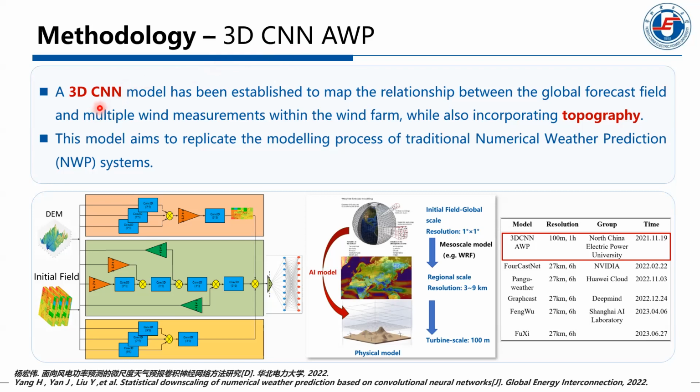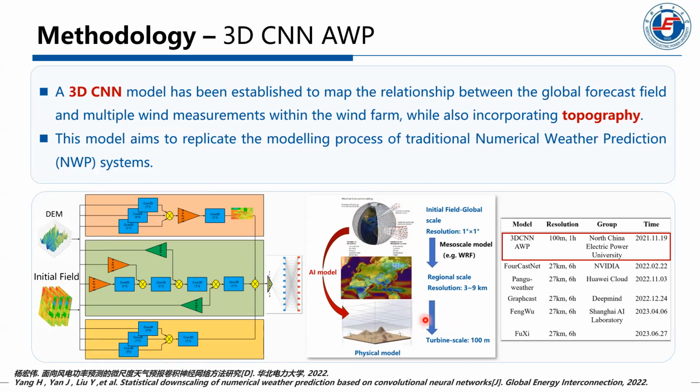The first one uses a 3D convolutional neural network model, which is very simple, but the basic idea is that we hope to build up the mapping relationship between the global forecast field and the wind measurement data within the wind farm. To my understanding, I'm not an expert on numerical weather prediction, the numerical model builds from the global scale to the regional scale.